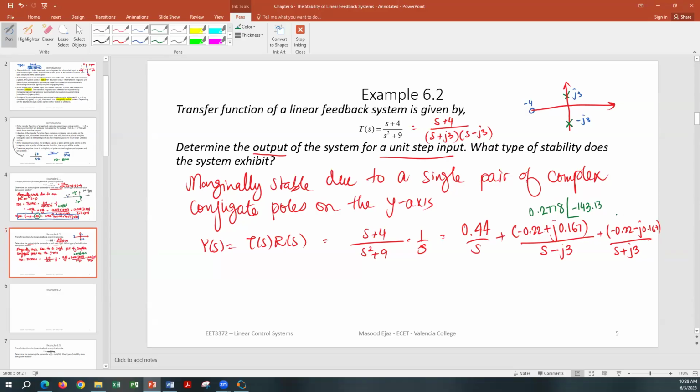I'll use this one actually because it's a positive angle. 0.278 angle 143.1.